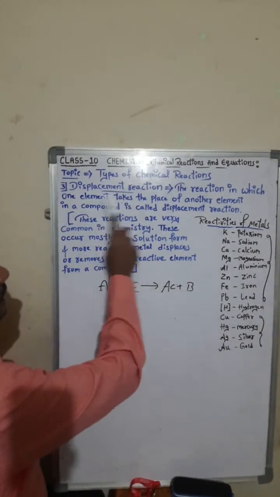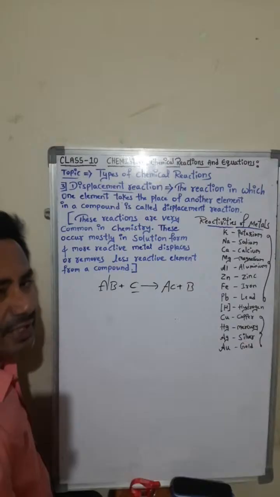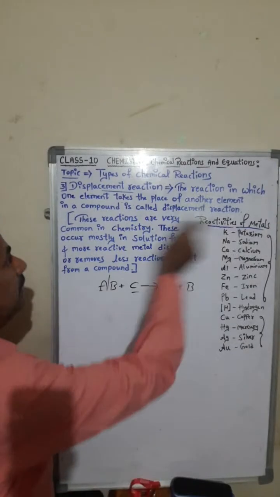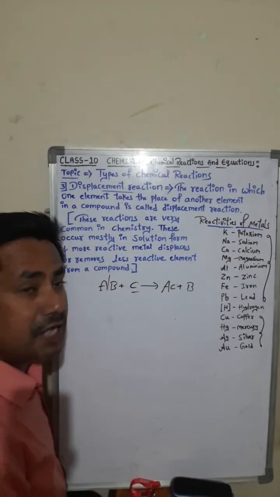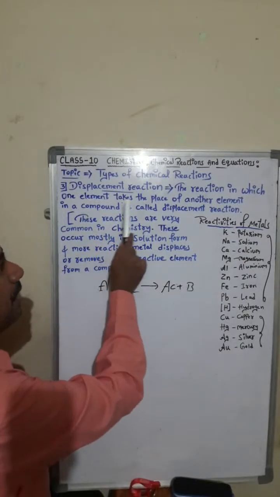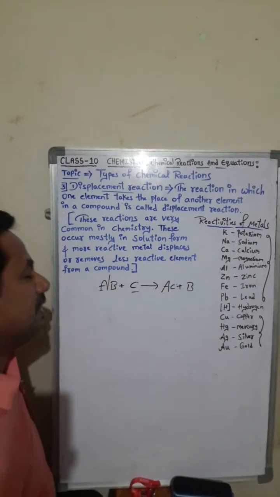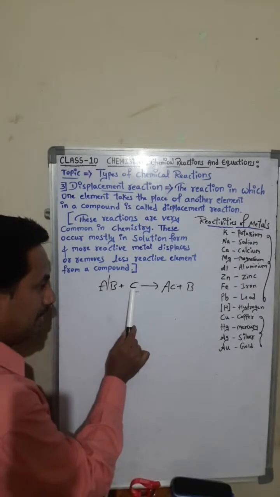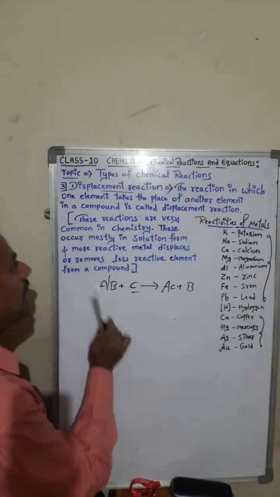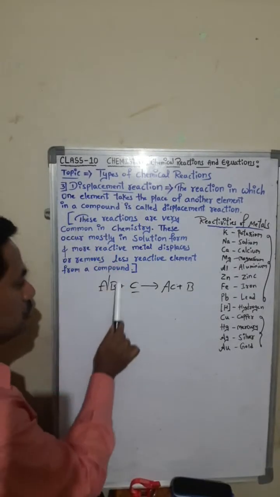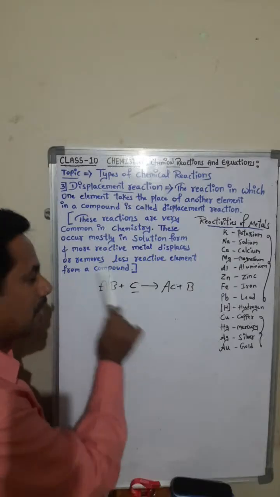See, the displacement reaction definition they have given here. The chemical reaction in which one element takes the place of another element in a compound. So this is a compound, 2 elements are combined.